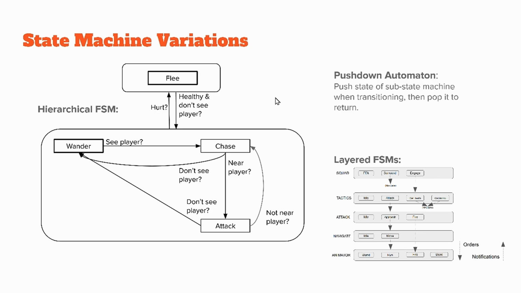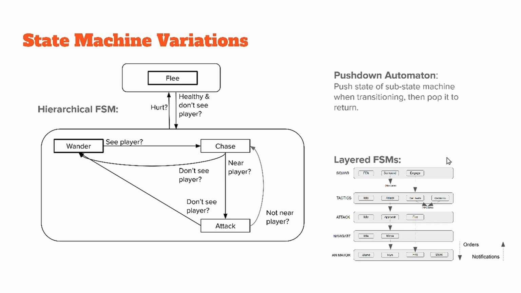That is, if something at the squad level says take some action, then the FSMs below will follow what that higher ranking FSM tells it to do. And likewise, when these lower level FSMs do something that needs to be reported back up to a superior, they report it back up. So again, another way, and you can look up any of these techniques if you think they would be useful in your games.